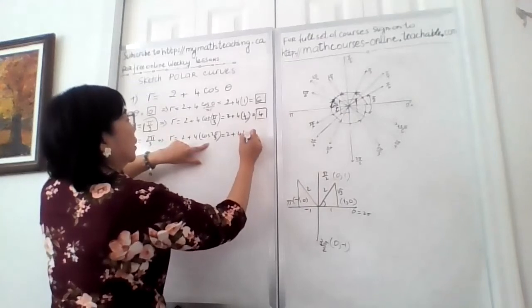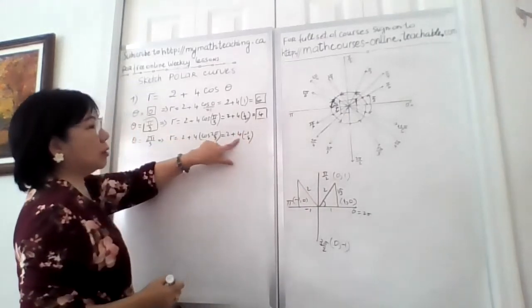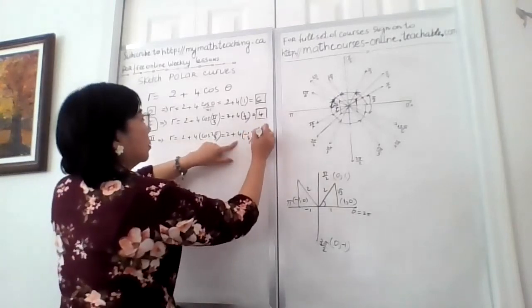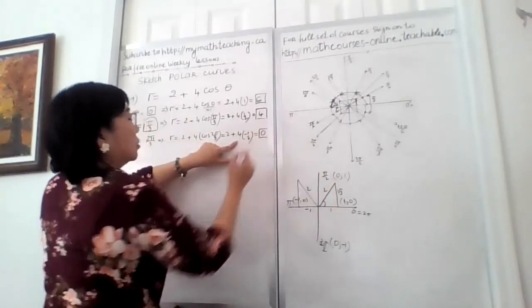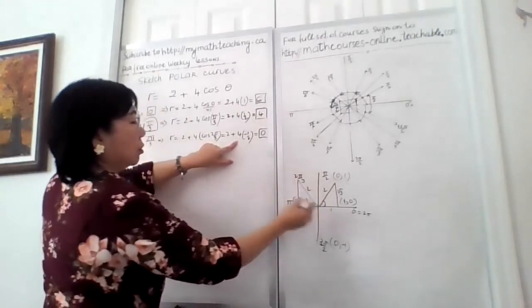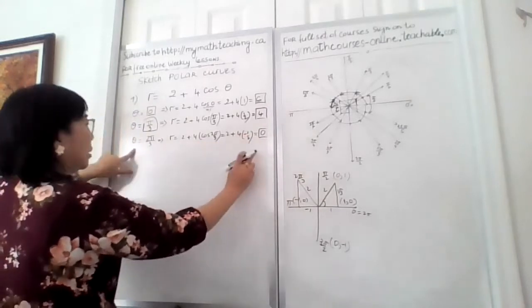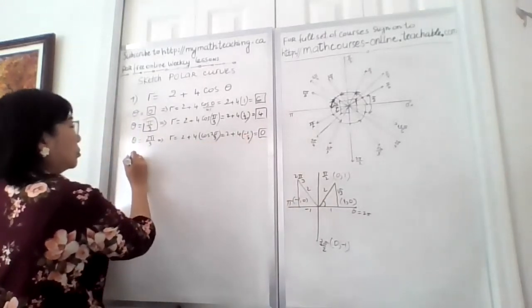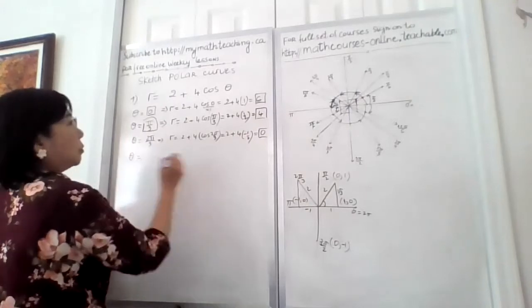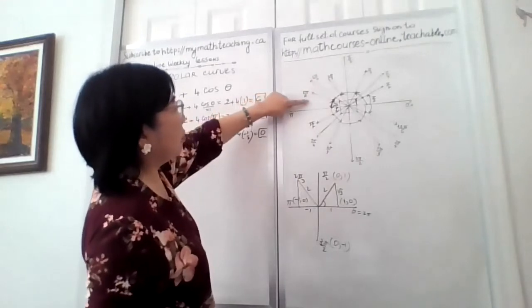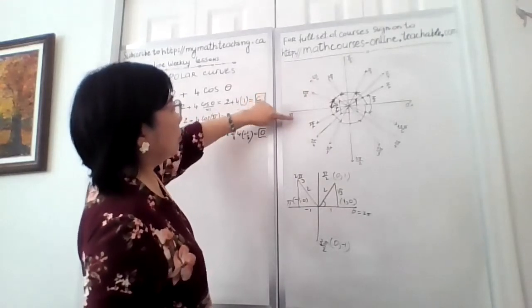So 4 times minus 1/2 gives minus 2. So 2 add minus 2 is 0. So at 2 pi over 3, which is this angle here, we have a radius equals 0.